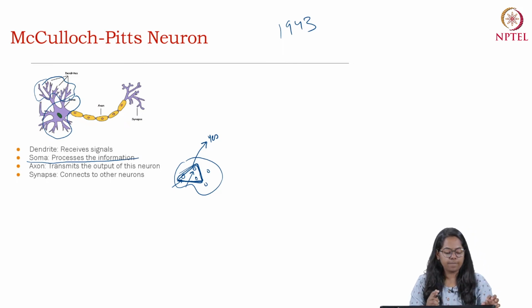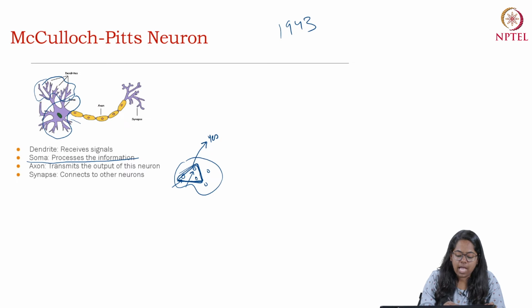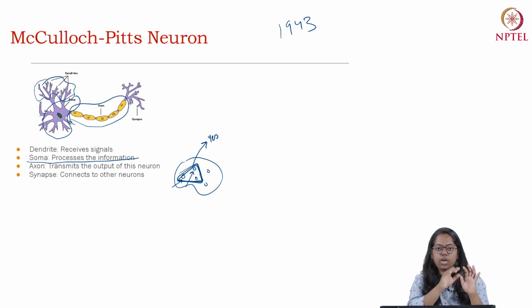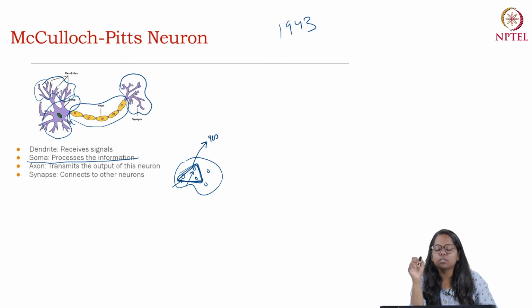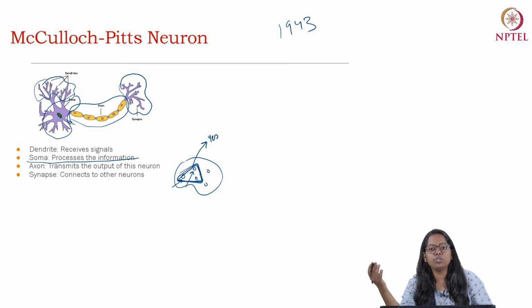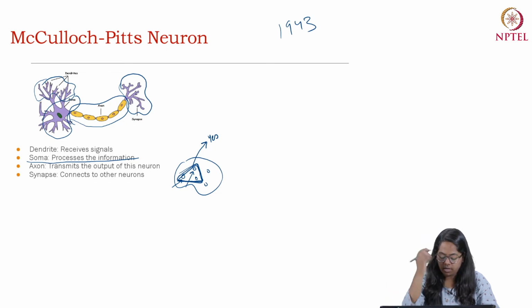That is called the soma. Then we have the axon, which is just the transmission part of the neuron, which transmits whatever output the soma, the neuron body, has generated to the other end of the neuron, which is called the synapses, which connects to the further neurons in our brain. So for example, all these neurons are connected to each other.